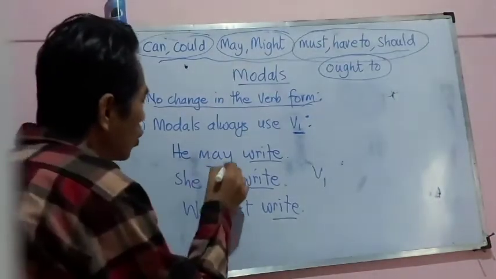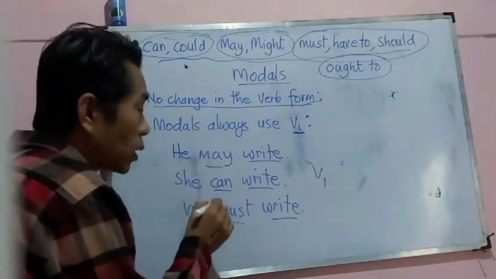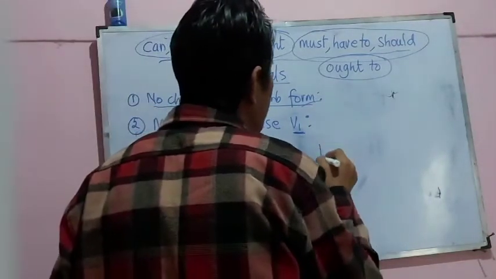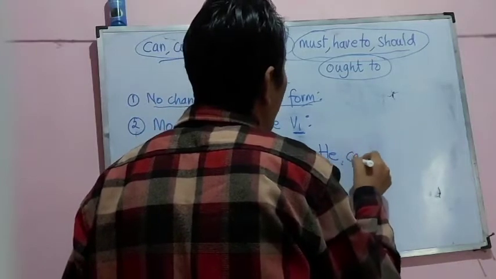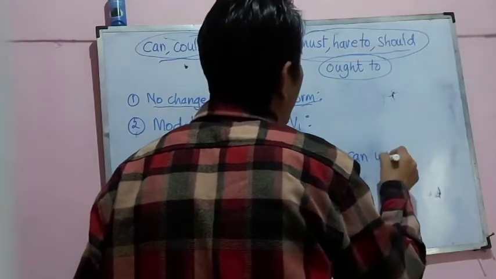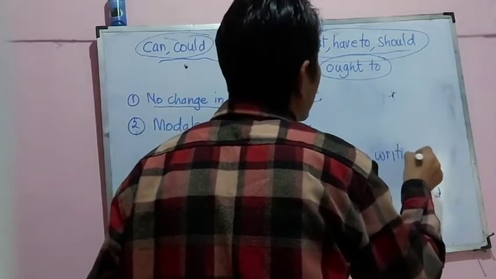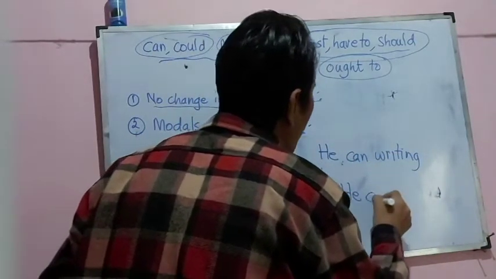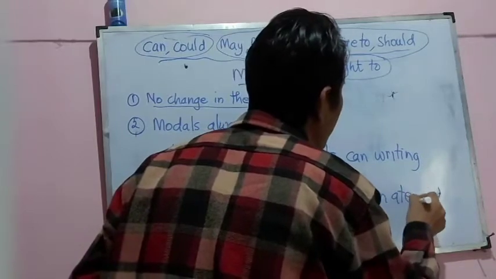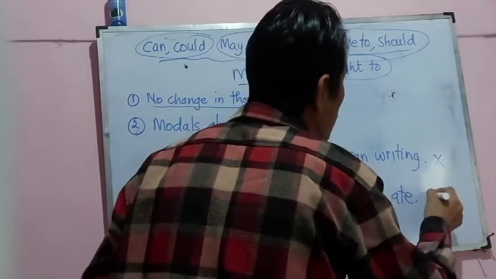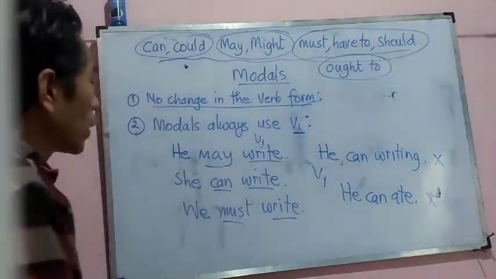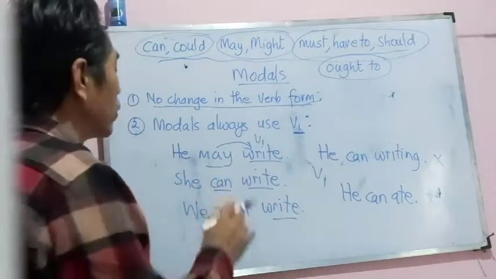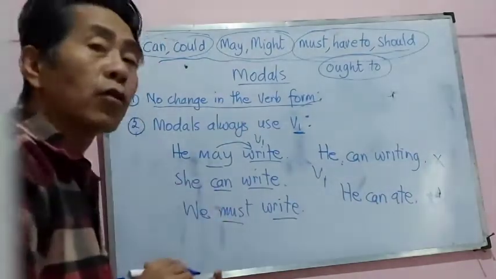So whenever we use models, the verb is always verb one. So we cannot write like this: he can writing. We cannot write this. He can eat. So we are not supposed to write all these things. The models always carry verb one. Very good. So that is the second thing that you have to keep in mind.